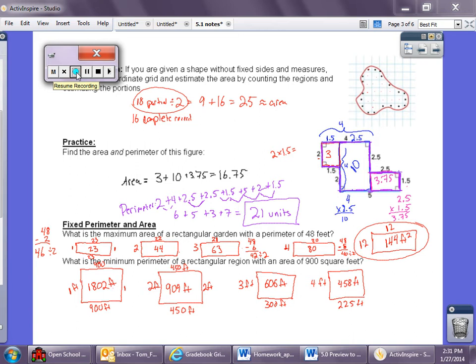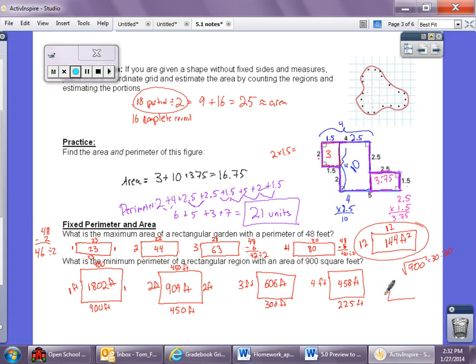So we know, since we want the minimum perimeter, we want the two sides that are closest together, just like the previous one. If we think about taking the square root of 900, that'll give us 30 times 30.